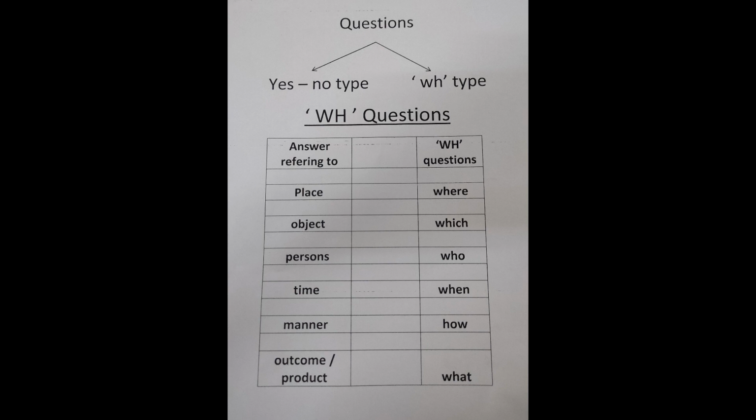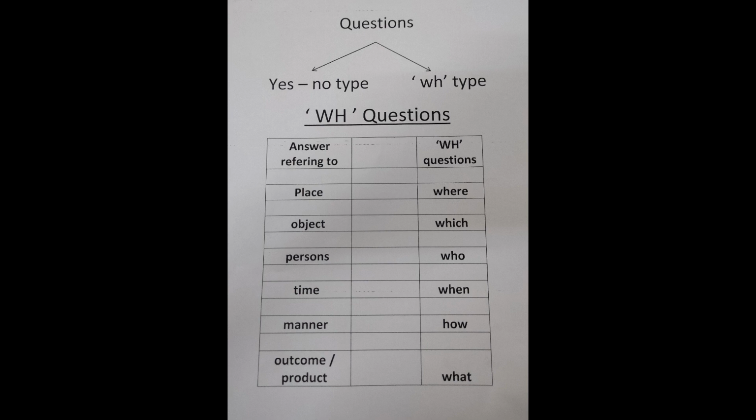Friends, today we are going to deal with WH questions. WH type of questions start with WH. So words like where, which, who, when, what, all of them starting with WH, they are used for formation of WH type of questions. The only exception is the word how.